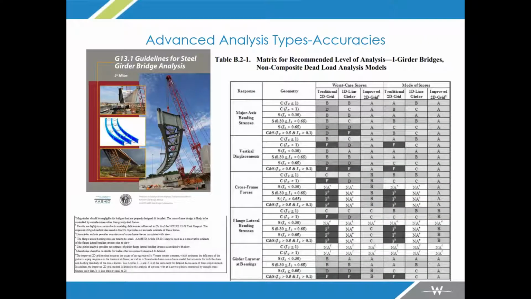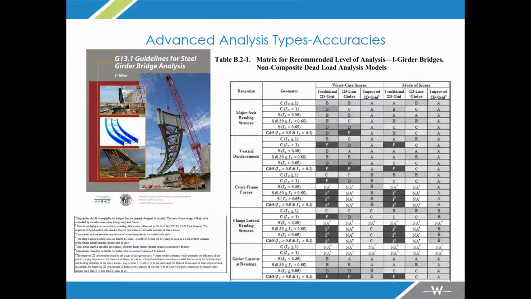There's nice guidance in the guidelines for steel girder bridge analysis, which I had the link to earlier in the presentation. And they give this nice chart. What they're showing on the right side of the screen is essentially different analysis methods and how well they compared to a full 3D analysis.